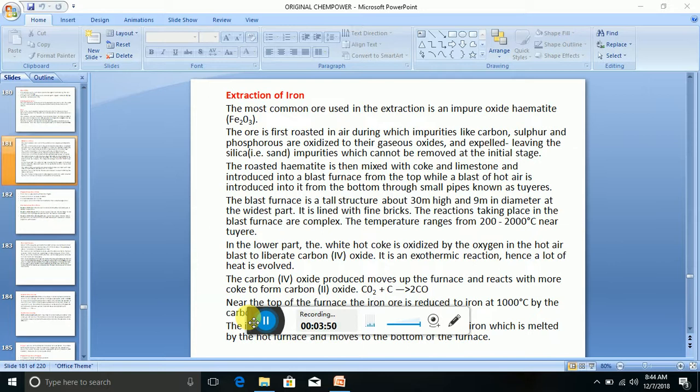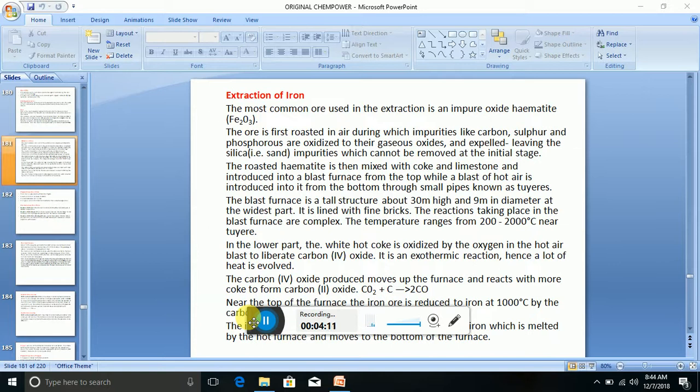The roasted hematite is then mixed with coke and limestone and introduced into a blast furnace from the top, while a blast of hot air is introduced into it from the bottom through small pipes known as tuyeres.